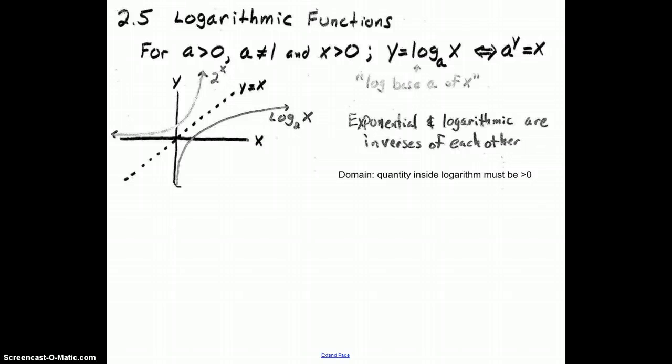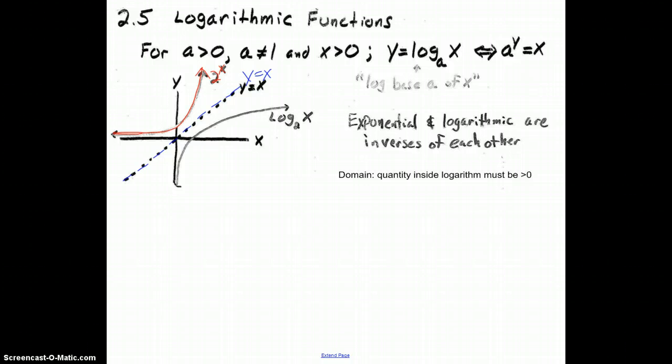You know that an exponential function has this kind of graph right here. This is just the graph of a basic 2 to the x exponential function. Logarithms are inverses of exponential functions. When you're talking about graphs of inverses, you have this line, y equals x.